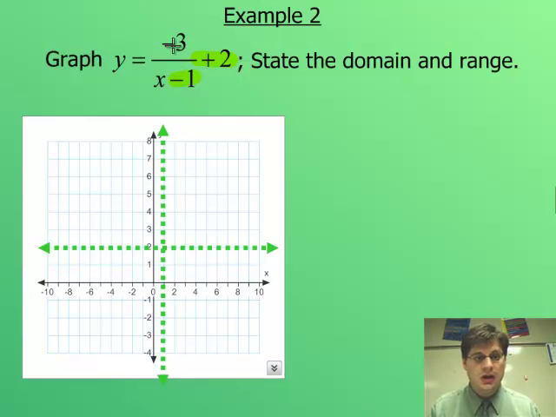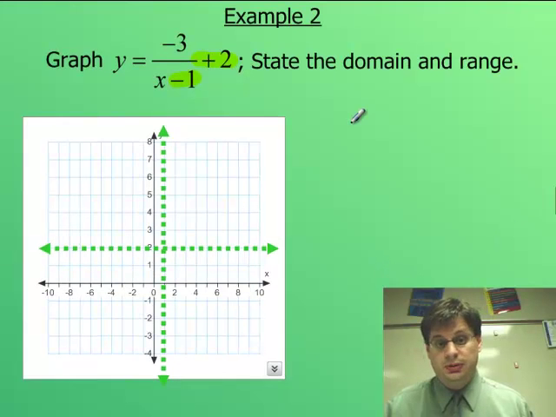Now the -3 here for our a value tells us it's going to be further away from where our asymptotes cross. Also, the fact that it's negative tells us it's going to be reflected. So remember, ordinarily we would be in the upper right-hand side and the lower left-hand corner of our graph. But now that's going to be flipped. We're going to be in the upper left-hand side and the lower right-hand side of our graph where the asymptotes are.